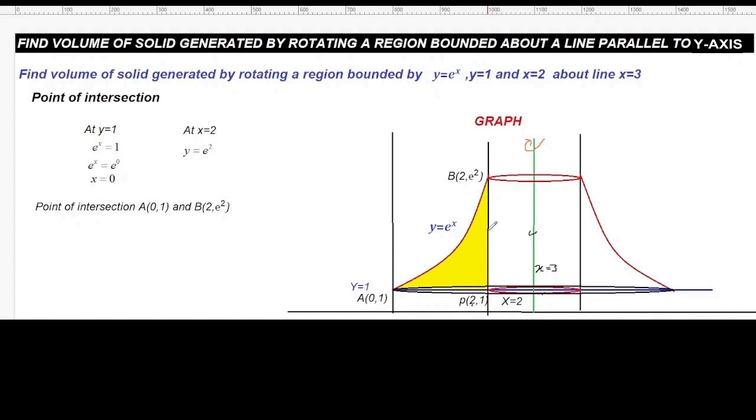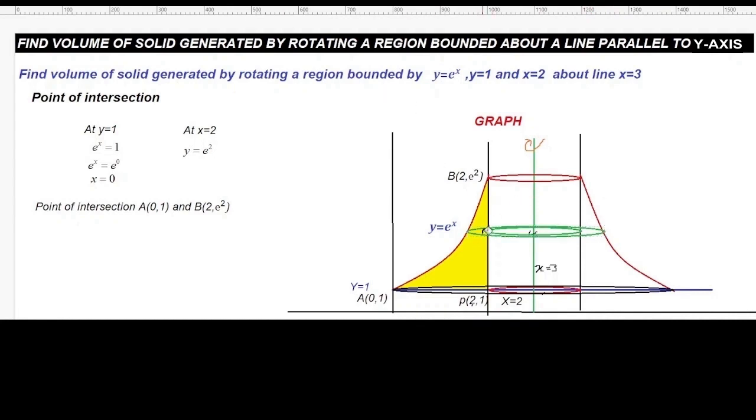To get the disk, we have to again draw two circles which will be perpendicular to this axis of rotation. This is the first circle and this is the second circle. The cross-sectional disk will lie between these two circles.